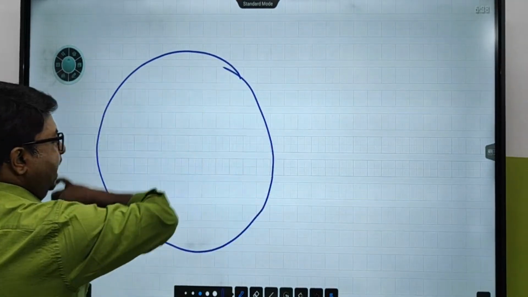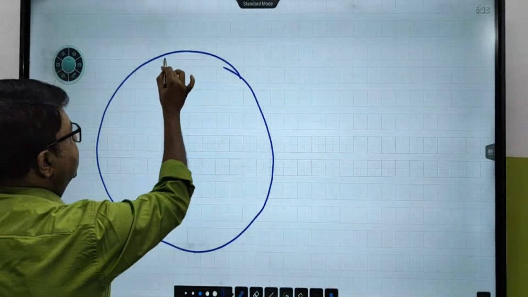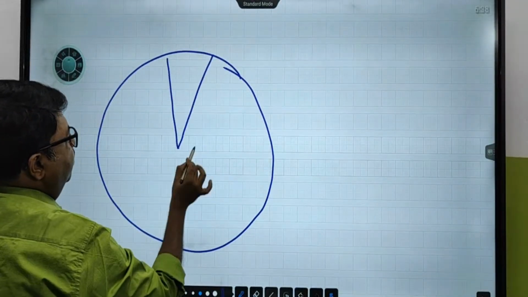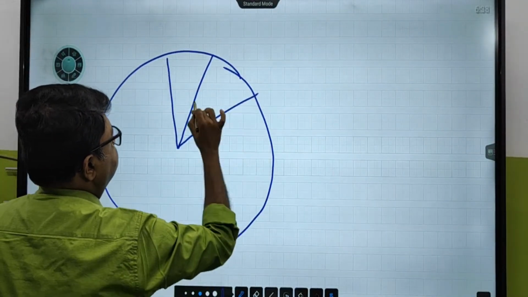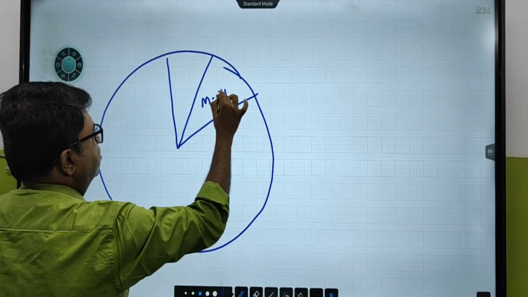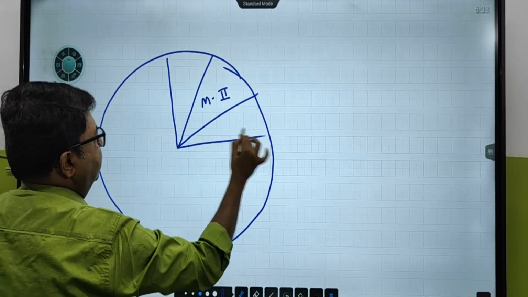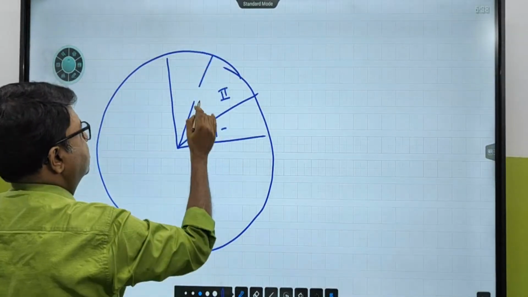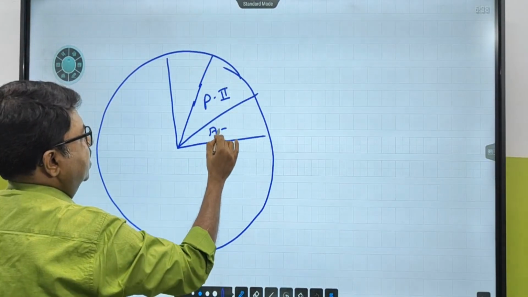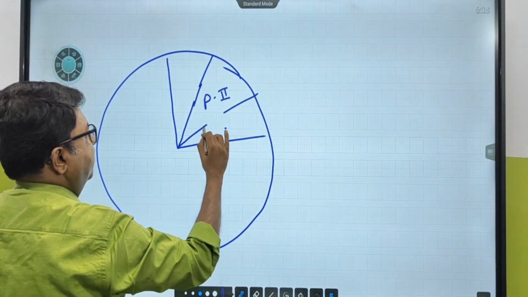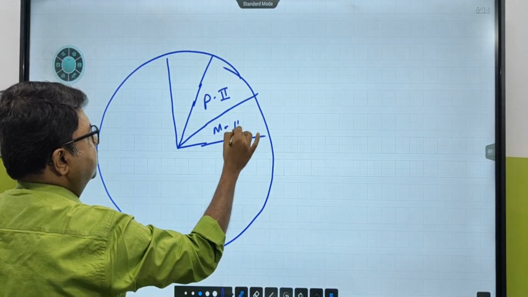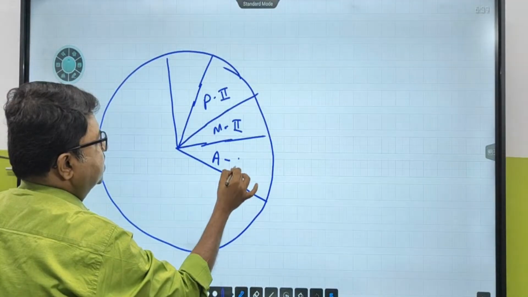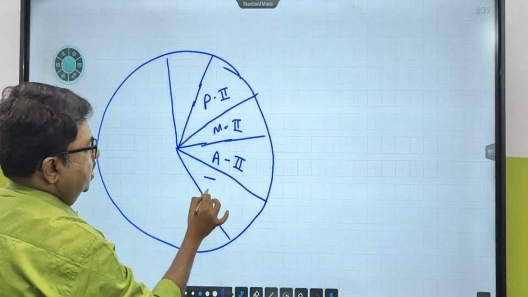Now, if I make the cell cycle of meiosis, tell me what are the stages? Now you tell me what is this? This is prophase 2, metaphase 2, anaphase 2, telophase 2.